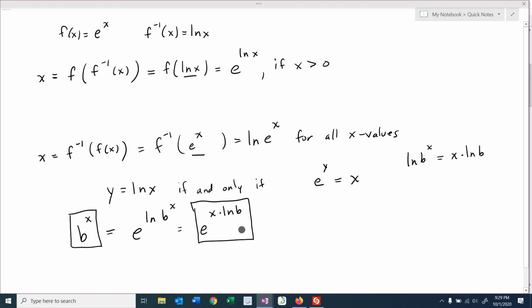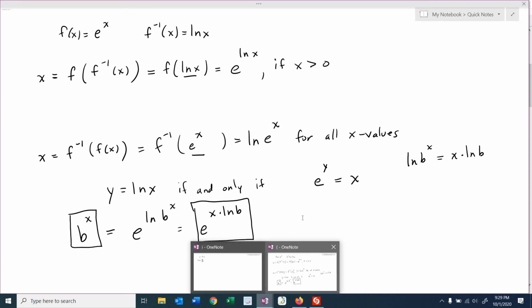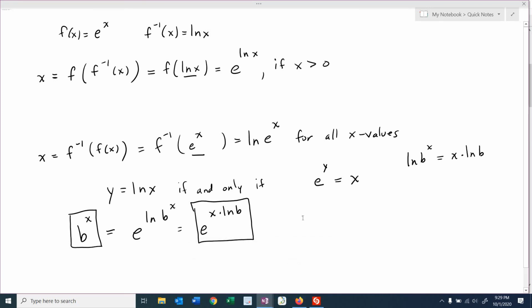So just remember that property later on. We're going to use it when we find the derivative of b to the x. Okay, so this is just some preliminary information that I think you should know before we start talking about finding the derivatives of the logarithmic functions and the exponential functions.